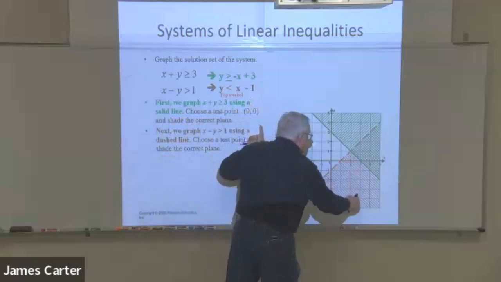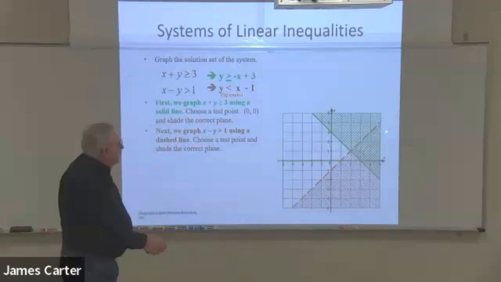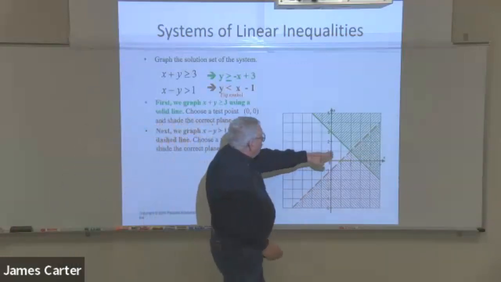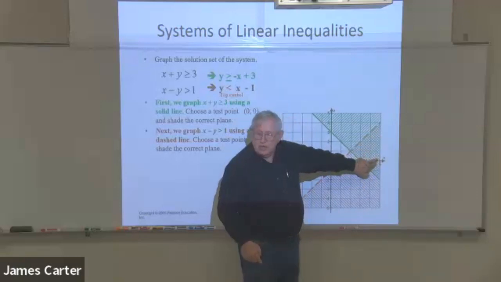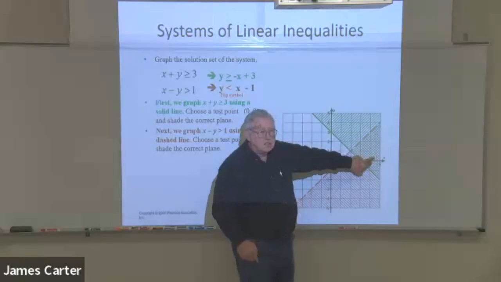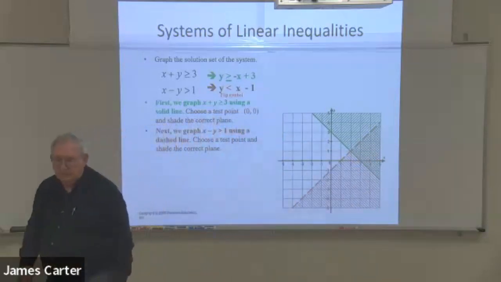So that's everything down this way. Now, if you look at the shaded region right here, where this overlaps, that's the solution on this. And that's the way you're going to show your graphs when you do these.